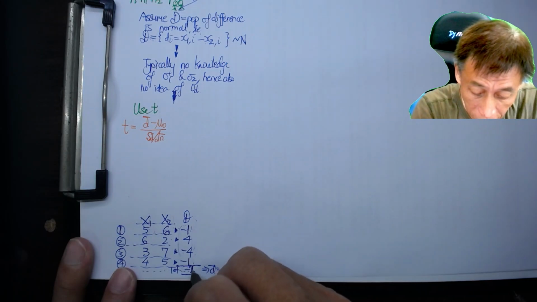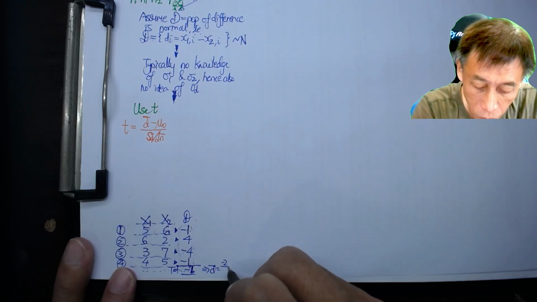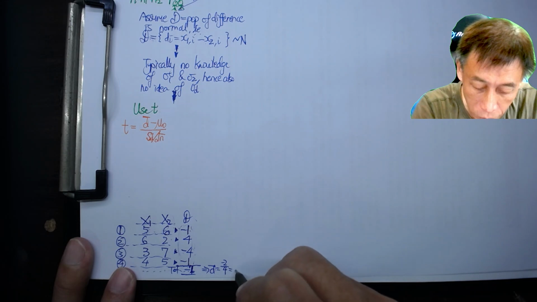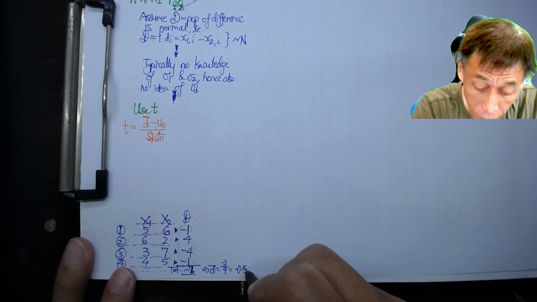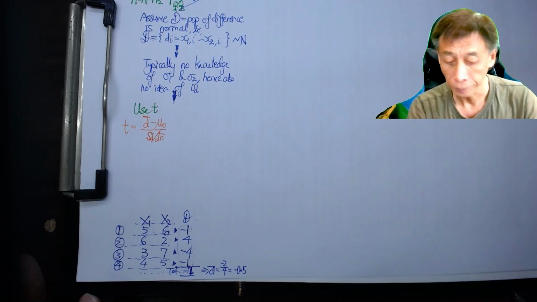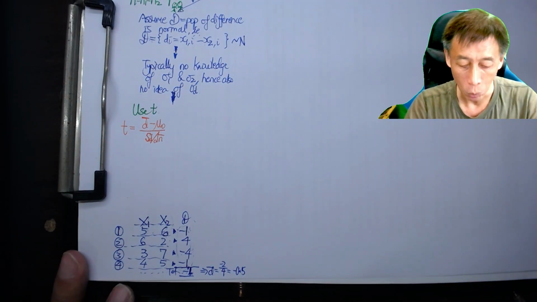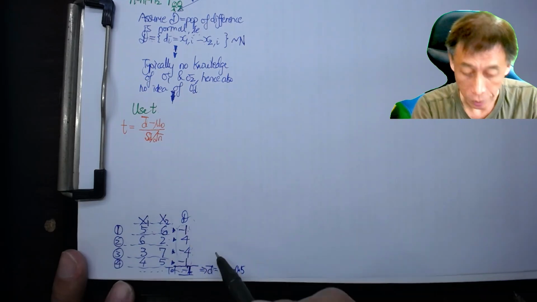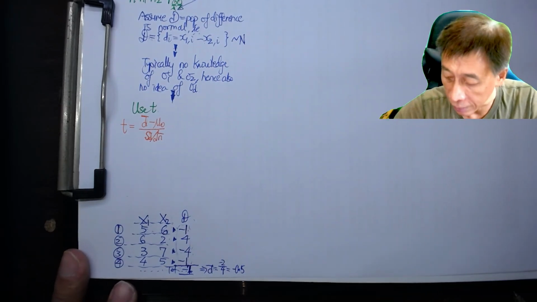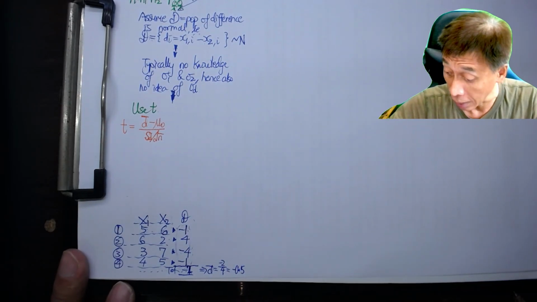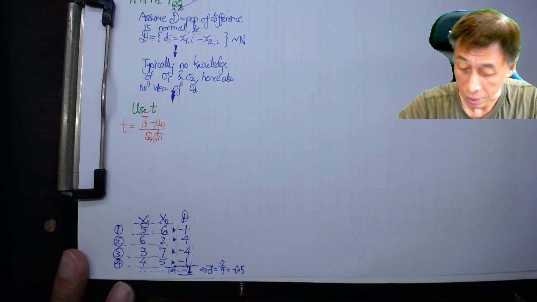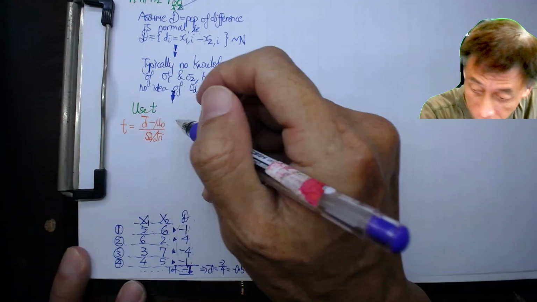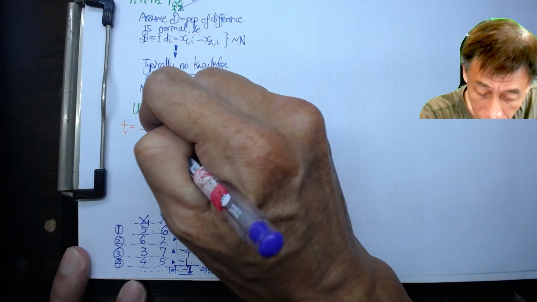So the total is -2. So D bar is -2 over 4 equals -0.5. So that is our calculation, and it is this D bar that we are talking about. So this D bar is going to feed into here.